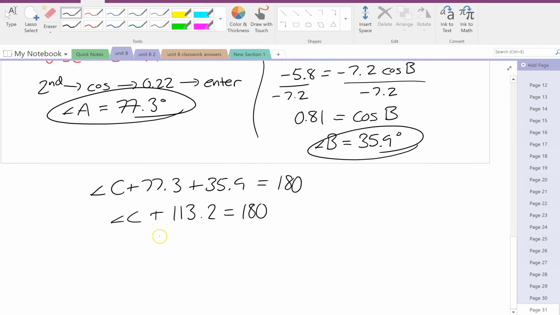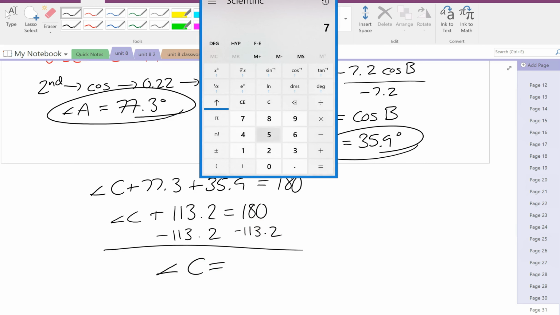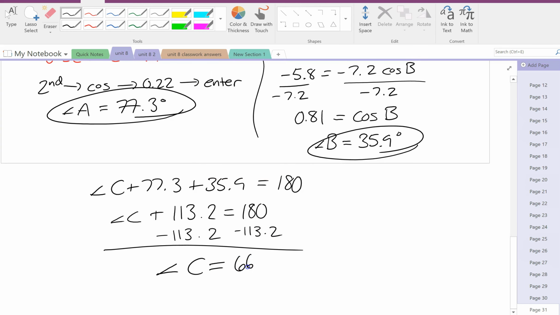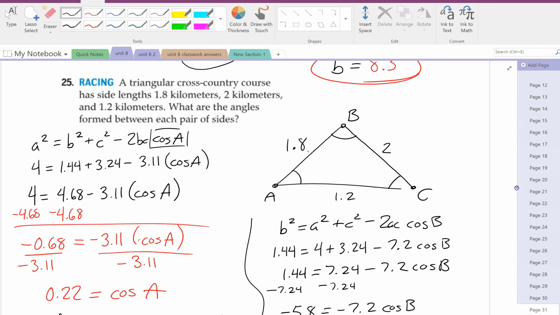Now I just subtract 113.2 from both sides, and I'm almost done. Angle C equals 180 minus 113.2, which is 66.8. So I have angles A, B, and C in this triangle starting from only knowing side lengths.